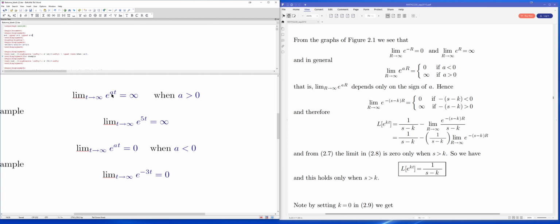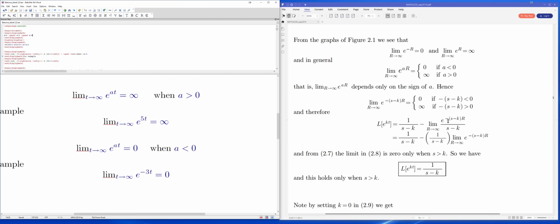If this coefficient is bigger than 0, as we talked about, then the limit of this exponential is infinity. If the coefficient is less than 0, then the limit of this exponential is equal to 0. And that's what we want to use here.